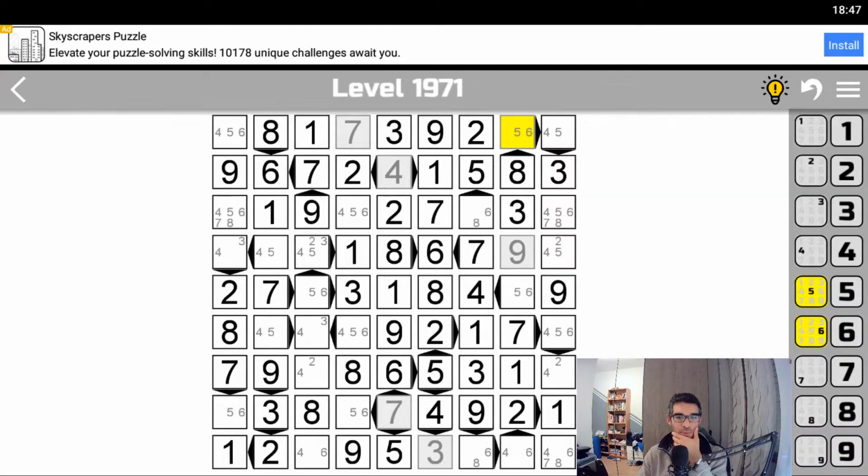And again, I should be able to place the 8 now. The last couple of 8s. Or the 7s. Yeah, this can be a 7 or an 8. So the 3 must go here, right? Yeah, that has to be a 3.